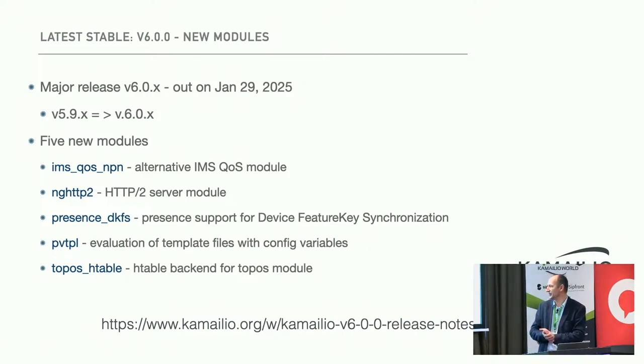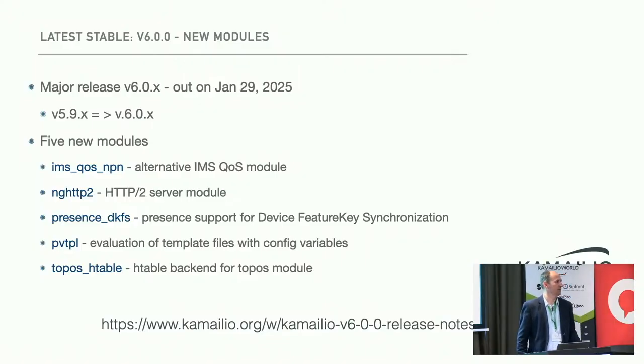Support for a hash table backend for topos, the topology stripping, making it look like a back-to-back user agent. I think it came from 1&1. Lucian is here, from that team. Victor, who is not here, one of our very active developers and the packager for Debian and Ubuntu, added the presence support for device feature key synchronization.